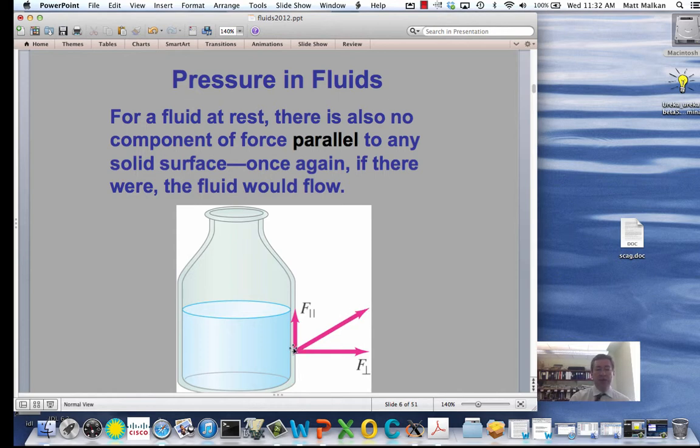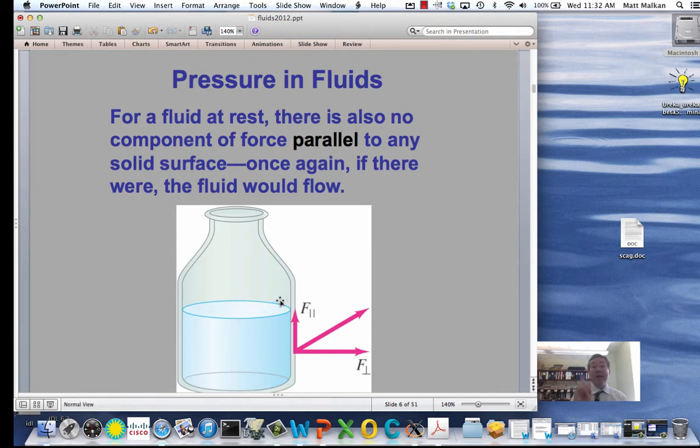As you're familiar with, there would be one component which is perpendicular to the boundary. It's exactly perpendicular to the wall of the container. And then there would be a parallel component which runs sideways along the wall of the container.